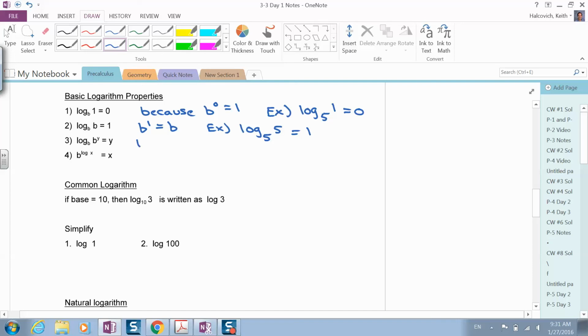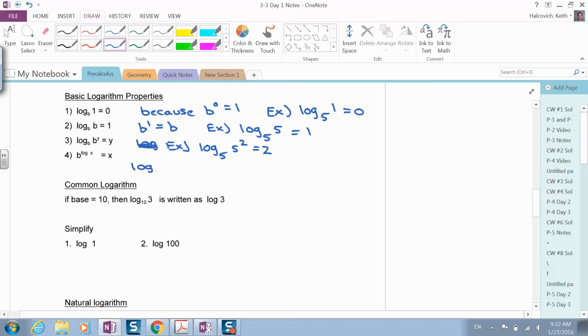Also, log base b of b to the y is equal to y. So for example here, if I had log base 5 of 5 squared, that's going to equal 2, because 5 squared should equal 5 squared. And then the last one is because they're inverses of each other, and that looks like this.